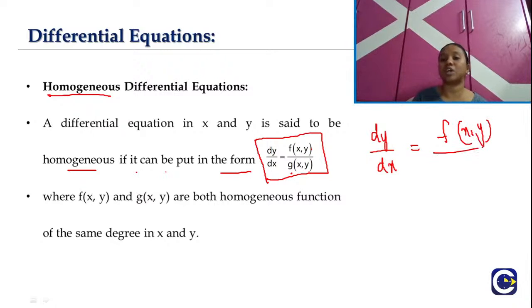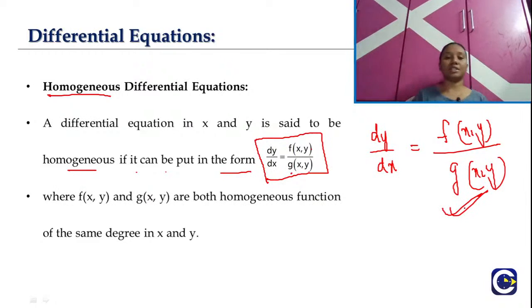The functions have to involve both the x and y variables in the numerator as well as the denominator. This typical form of differential equation is called a homogeneous differential equation.